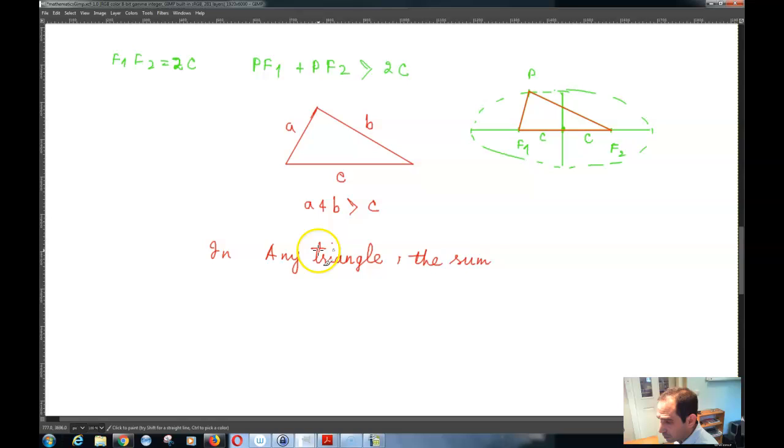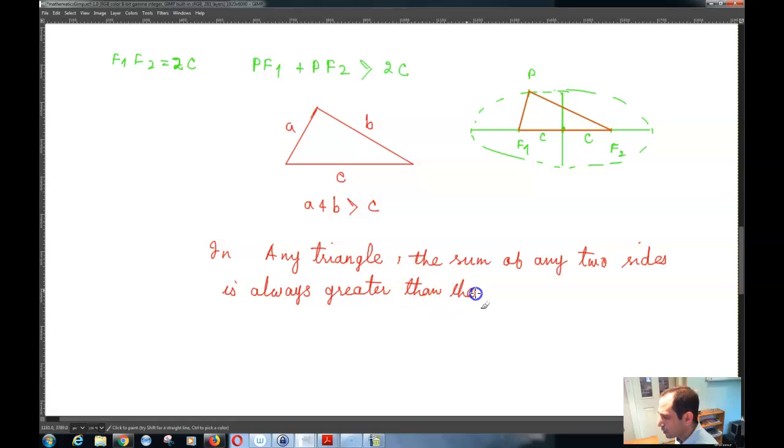So in any triangle, the sum of any two sides is always greater than the length of the third side. And based on this, you can always say that PF1 plus PF2 is always greater than 2C.